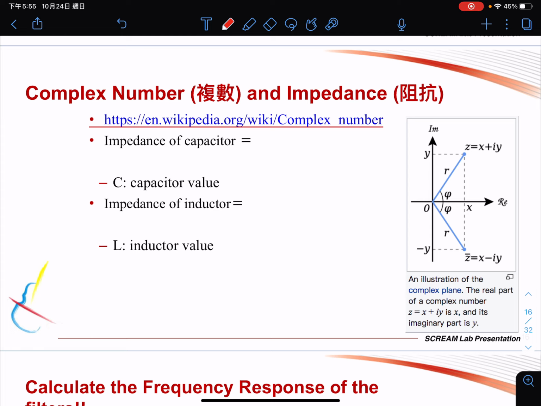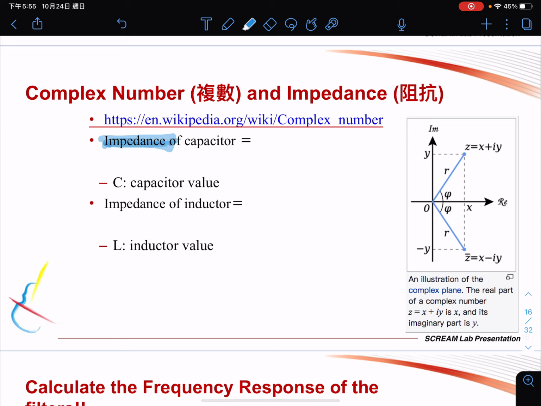So we introduce a new word called impedance. I believe I introduced something about the capacitor before, but in this recording, I just want you to know how to use the capacitor and the inductor in the circuit.